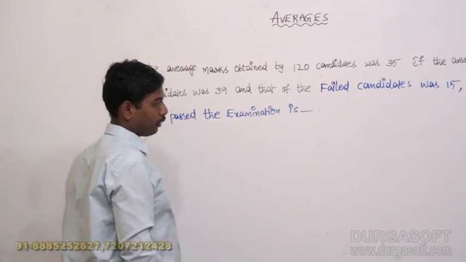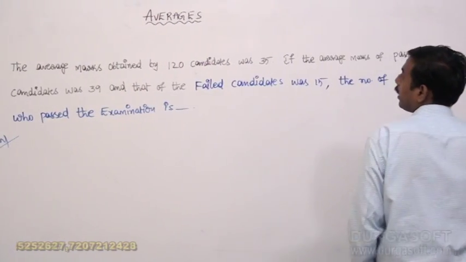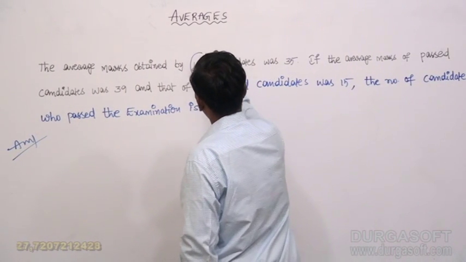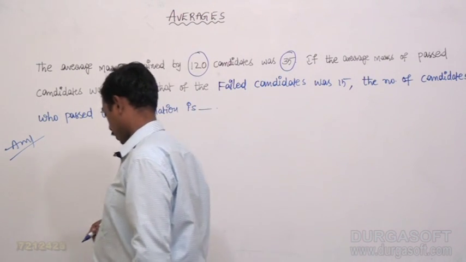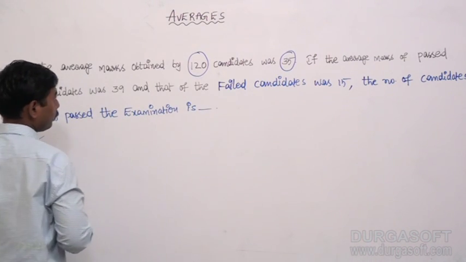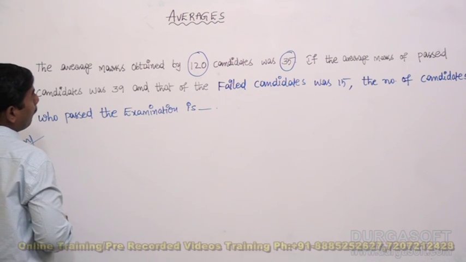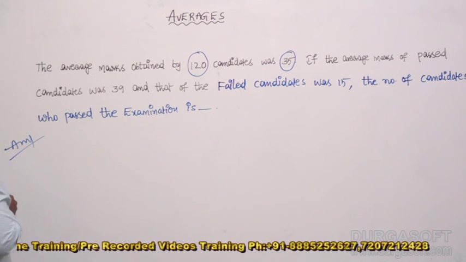So let us make a point out, my dear guys. Here total how many candidates are there? 120 candidates, and their average is 35.